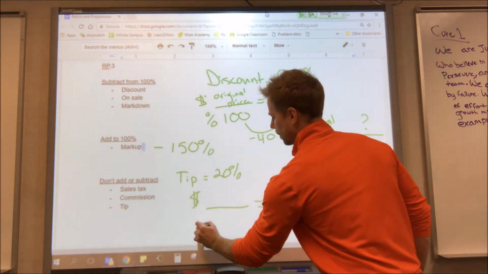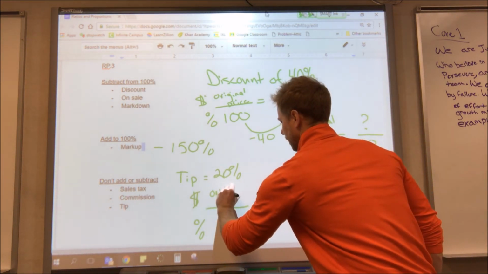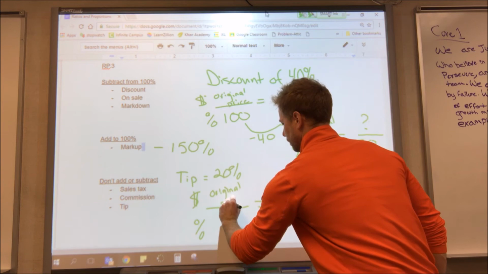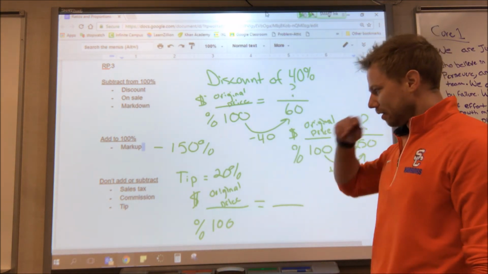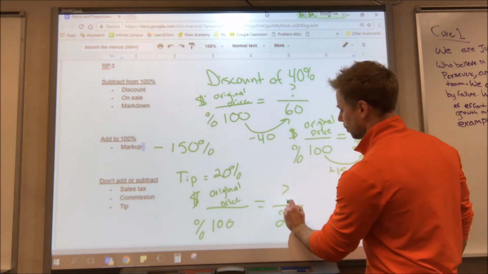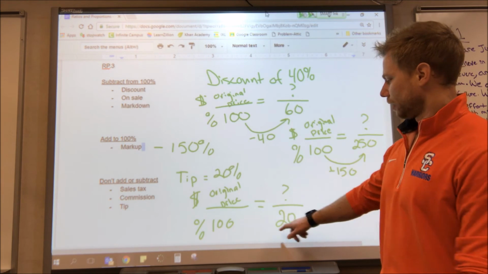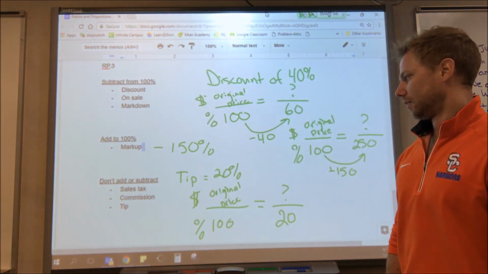We have money, we have percent, our original price goes on top. We have 100% underneath that. Then we're actually going to put 20 into our proportion, question mark. We can cross multiply, divide, and figure out how much that tip is going to be.